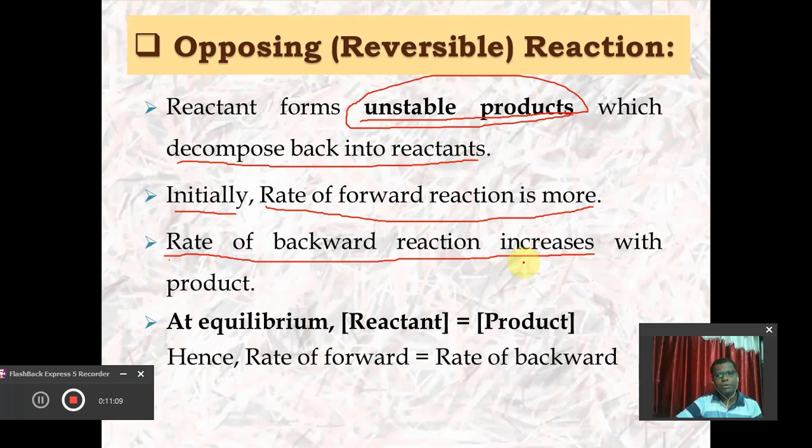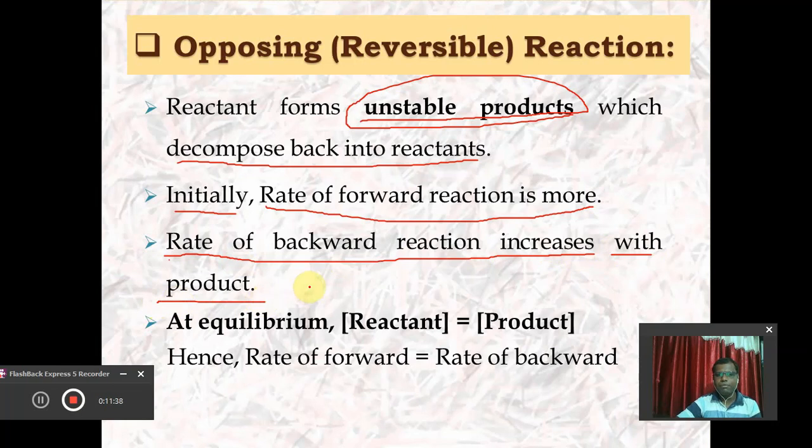Because initially the concentration of reactant is greater while that of product is smaller. But as time proceeds, the concentration of reactant decreases while the concentration of product increases. Hence the rate of backward reaction increases with the concentration of the product.